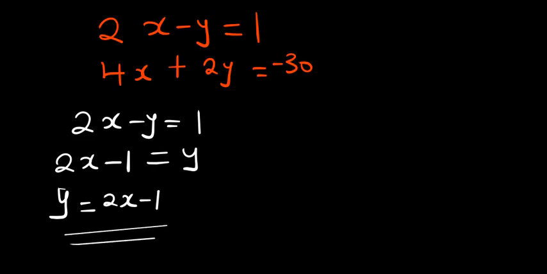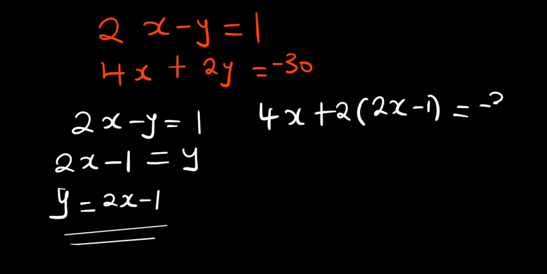Okay, so this is the expression that we are now going to use. Since we know the value of y, where there's y, we're going to replace it by that expression. So I'm going to have 4x plus 2, where there's y, we're going to place 2x minus 1, is equal to negative 30.